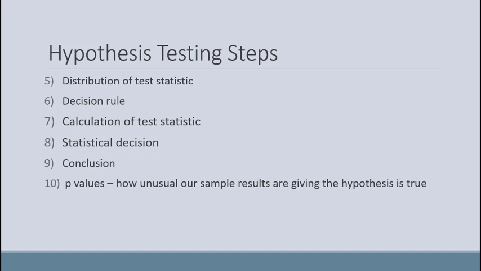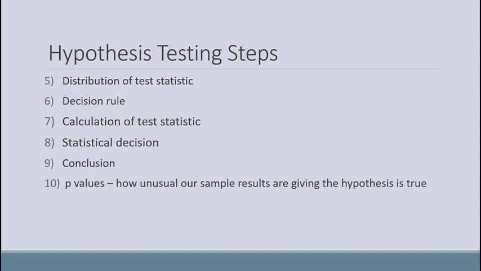The p-value is the number that tells us how unusual our sample results are, given that the null hypothesis is true. A p-value indicating that the sample results are not likely to have occurred, if the null hypothesis is true, provides the justification for doubting the truth of the null hypothesis.